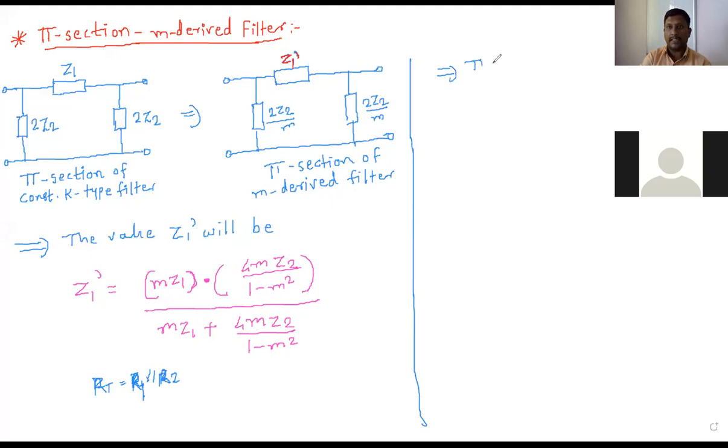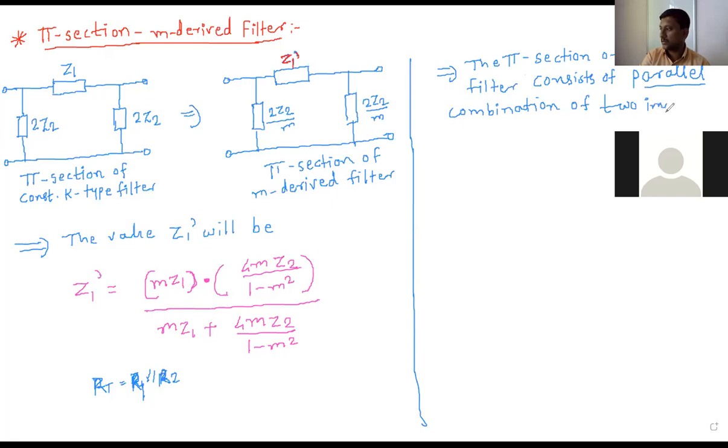Yes. So the pi section of M derived filter consists of a parallel combination of two impedances, MZ1 and 4mZ2 divided by 1 minus m square, in the series arm.